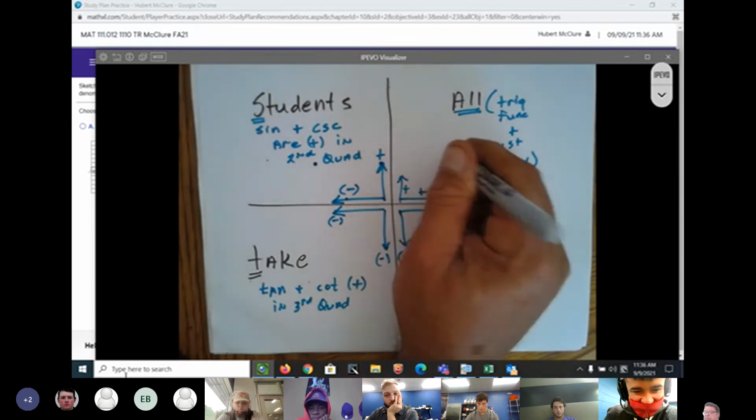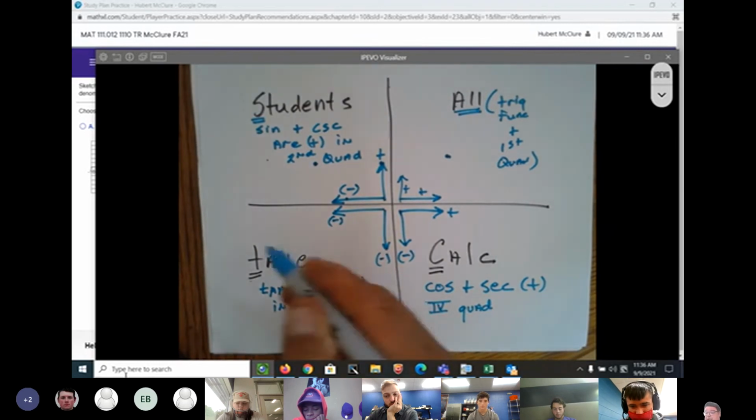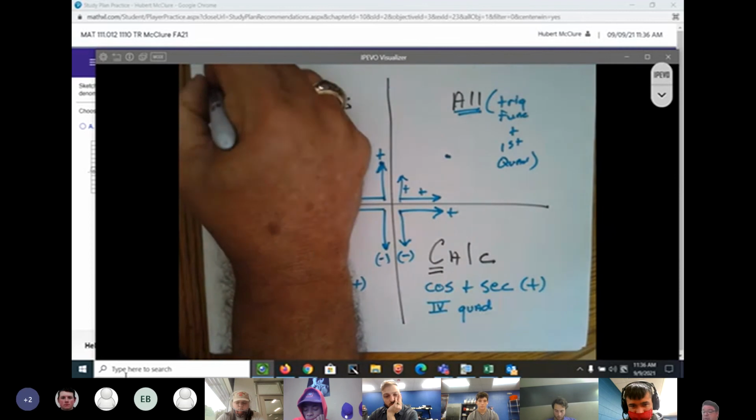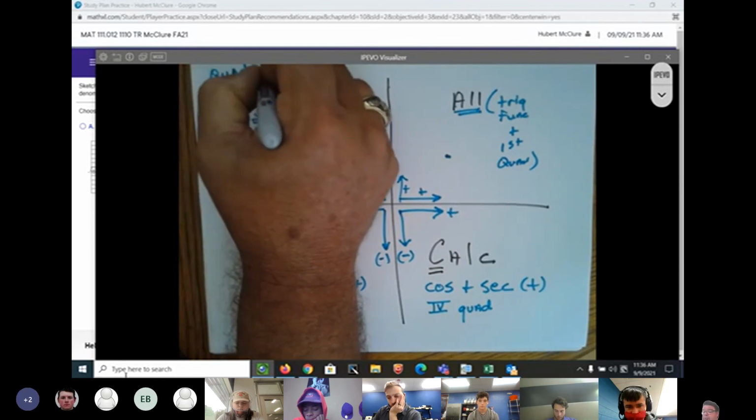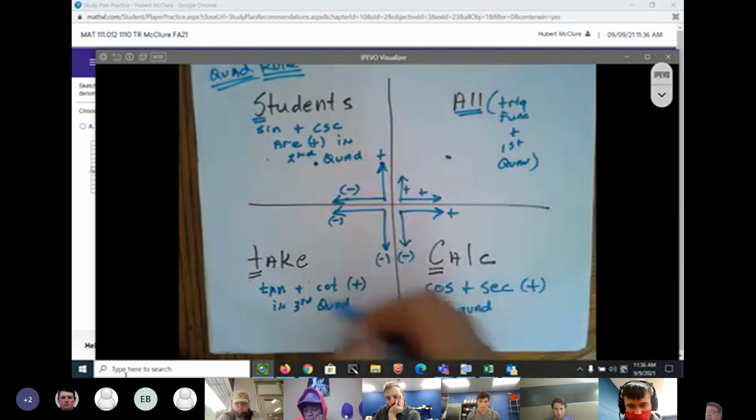If you do the cotangent in the first quadrant, you know it's positive. Everybody with me? Hopefully you write this down. You'll understand it as we go along and do more problems. This is just all students take calculus. This is a quadrant rule. Quadrant rule. All students take calculus.